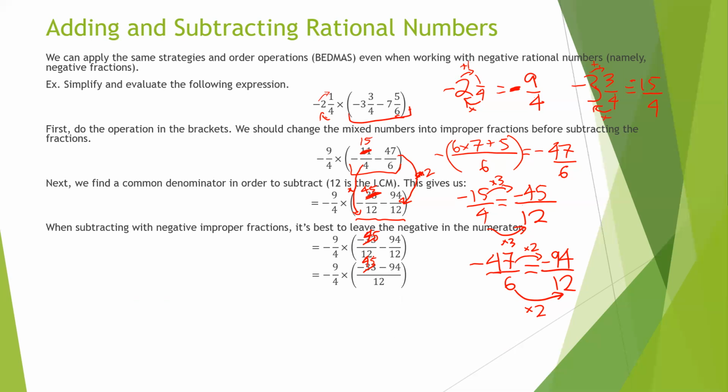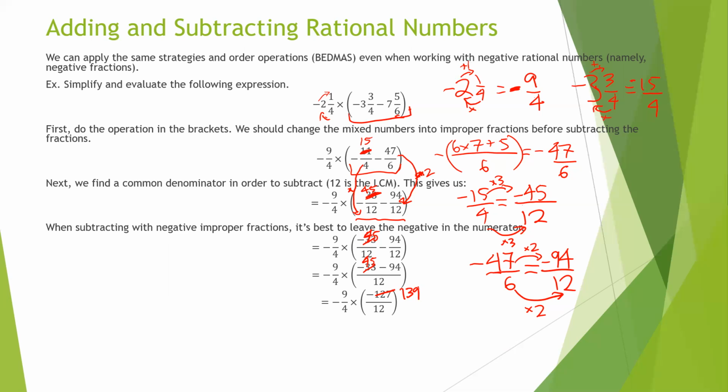Negative 45 minus 94, doing a little bit of math here. I wrote negative 127 over 12. That's obviously not correct, so I'm going to switch that as well. Negative 45 minus 94 gives me negative 139, instead of negative 127, okay?